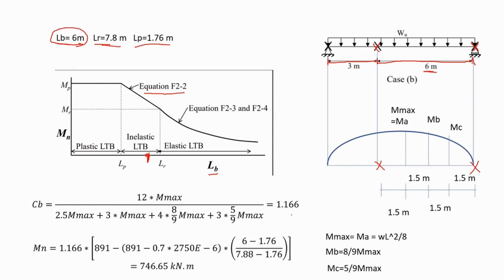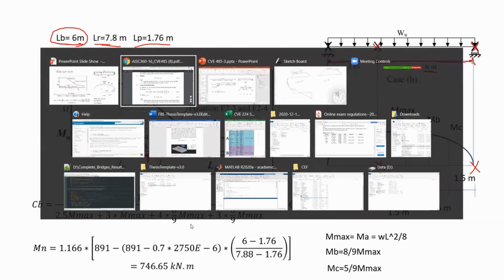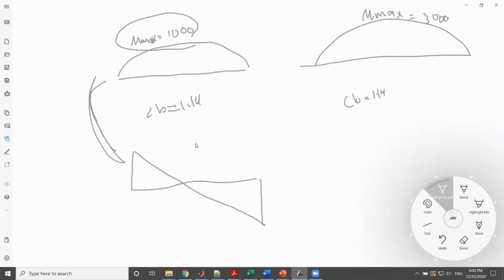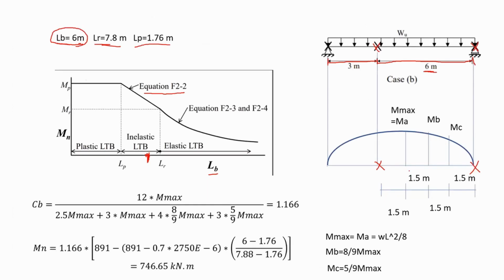Now again, using that equation that we have in AISC, and using the same way I told you about in here, by calculating the moment at specific points, so 1.5 meters, quarter of 6 meters, you have MA; at the center line, you have MB; and at 3/4, you have MC.